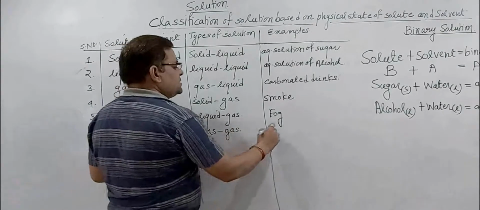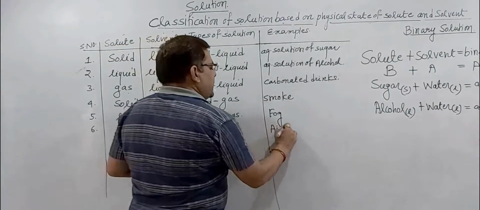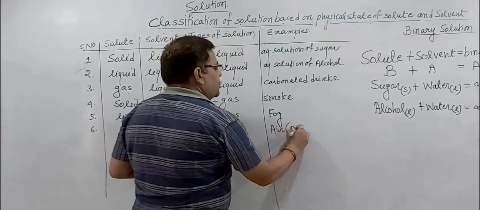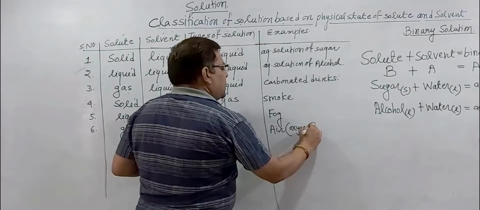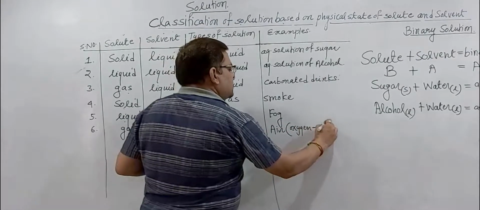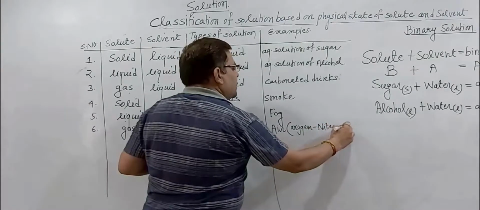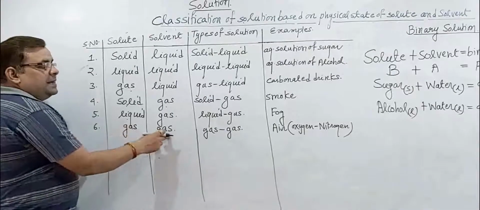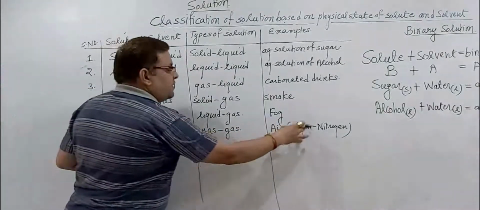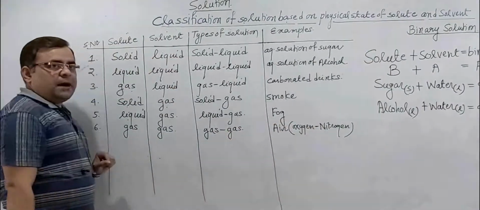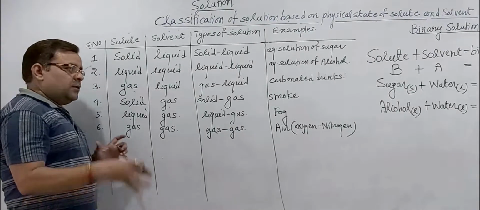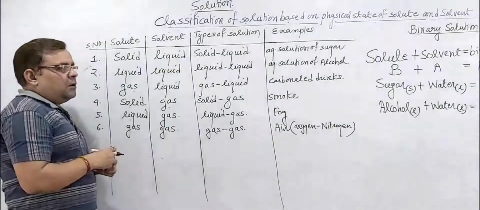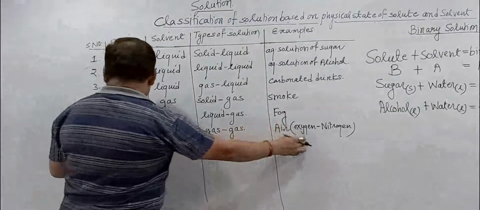A mixture of gases, like air, the atmosphere, a mixture of oxygen and nitrogen in air. Our atmosphere is a good example of a homogeneous mixture of different kinds of gas.